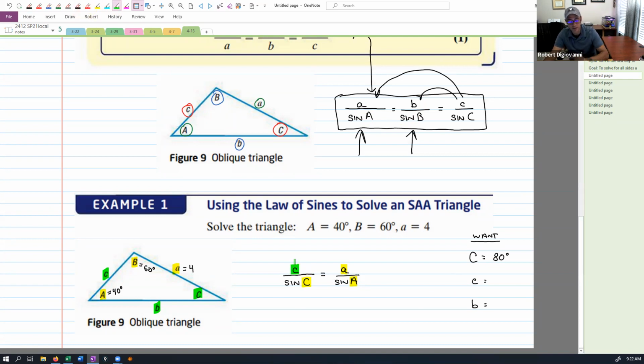And so we should be able to solve this. So let me continue. I'm going to write little c over sine of 80 degrees, and that's because we already said C was 80 degrees, must be equal to little a, which is 4, over sine of capital A, which is 40 degrees.